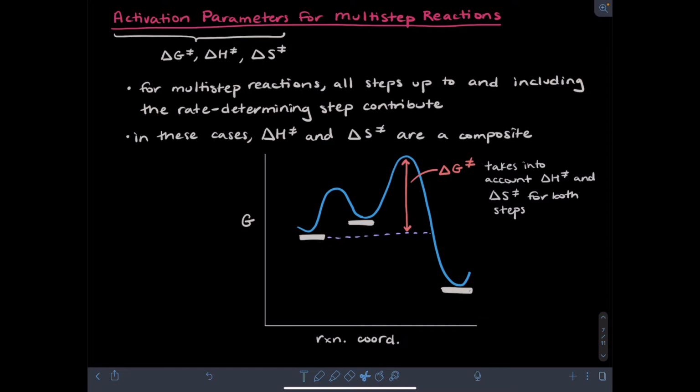The values I measure in the lab take into account both the first and the second steps of this reaction because the second step is rate determining. A takeaway is that it's going to be easiest to interpret these activation parameters for a single-step reaction, though it's not impossible for multi-step ones.